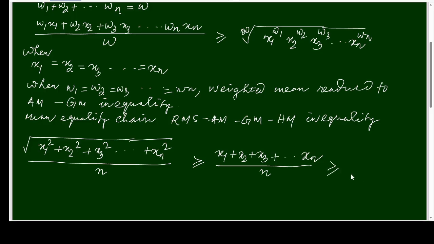And now coming to the geometric mean, that will be the nth root of x1 x2 x3 up to xn. So now taking this one, we will solve this question.